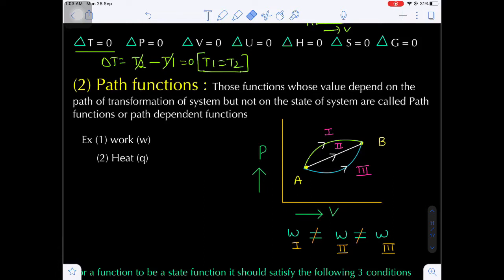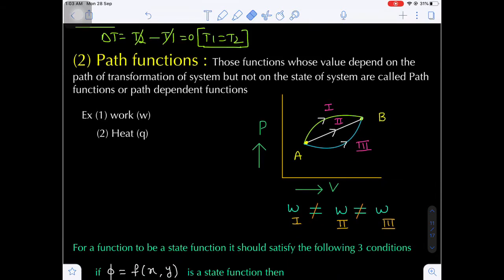If you want to calculate the work, let's suppose, same example, I am taking initial point A and final point B. So there are three different paths: path 1, path 2 and path 3. If a system is moving from position A to position B, three different pathways are possible.